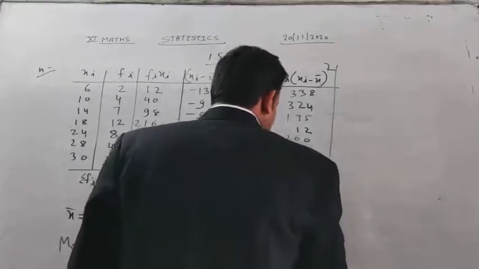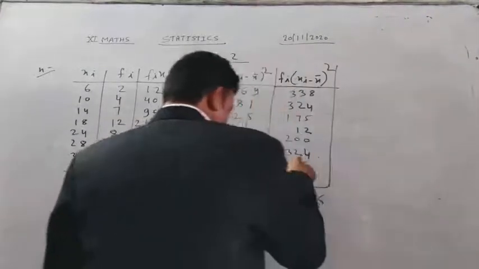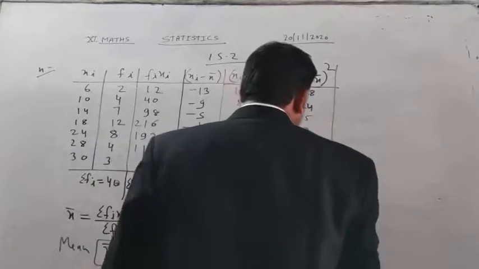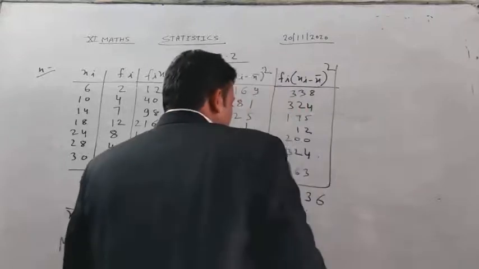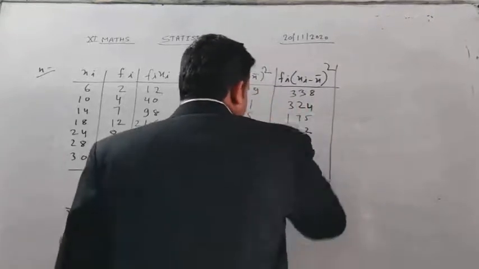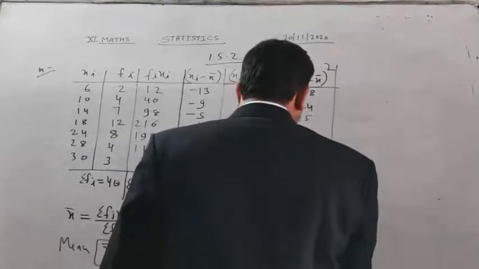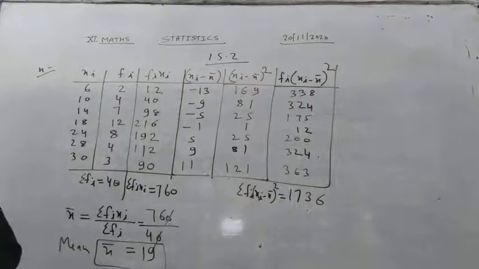This is 2, 6 and 2 is 8, 8 and 2 is 10, 10 and 8 is 18, 18 and 5 is 23. This is 2, 2 and 3 is 5, 5 and 3 is 8, 8 and 3 is 11, 11 and 6 is 17. Okay, so our sum of these is 1736.